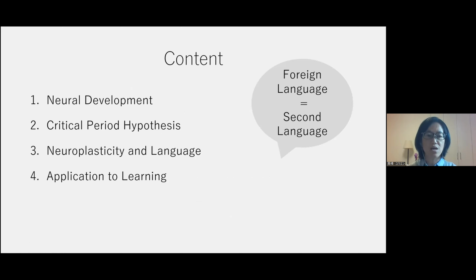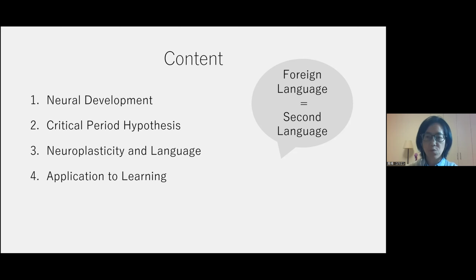First, a brief introduction about neural development, and then the critical period hypothesis. The third topic will be neuroplasticity and language acquisition. And then finally, a sum up, a last statement about the application to learning.